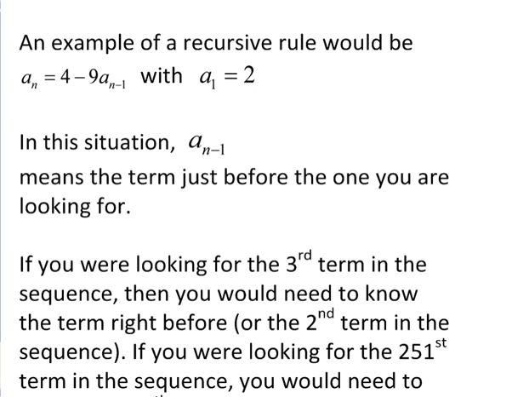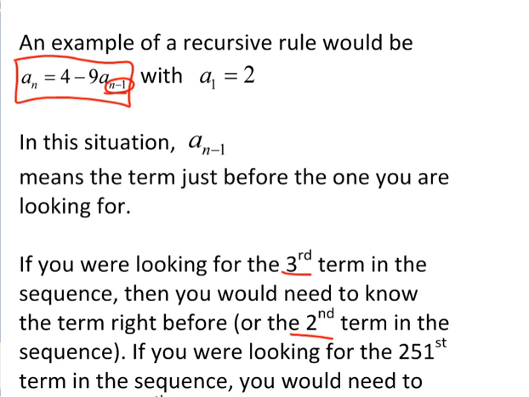On the other hand, an example of a recursive rule: here we have a sub n is equal to 4 minus 9 times the prior term. When I say n minus 1, that means the term right before the one I'm looking for. If I'm looking for the third term, I would need to know what the second term is.